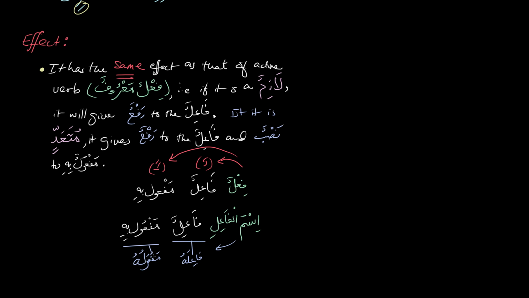So ism fa'il, and then the fa'il is going to be called the fa'il of the ism fa'il. Maf'ul bihi is going to be called the maf'ul of the ism fa'il, like that. But it's going to still have the same effect. This is going to be raf'un, and this is going to be nasbun like this. So that's how that's going to work, right?